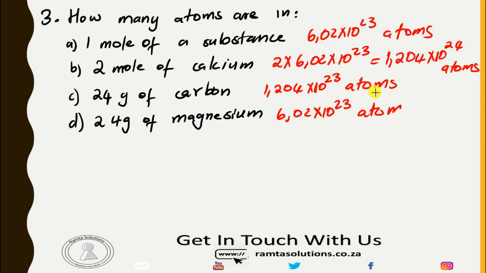Remember, in this case, the question wants you to calculate the number of atoms. Instead of saying particles, you will simply say atoms. Okay. All right. So this is it.